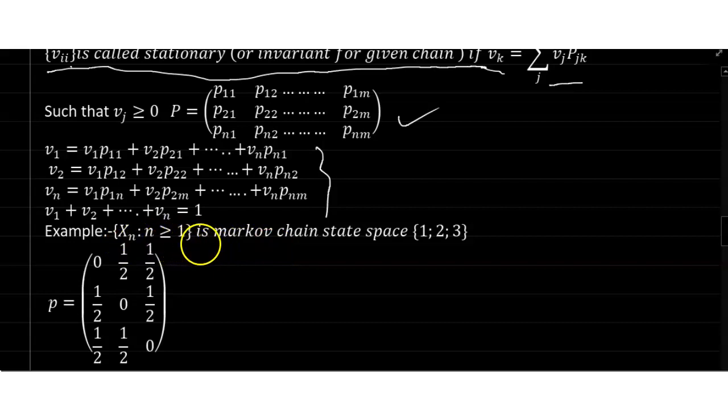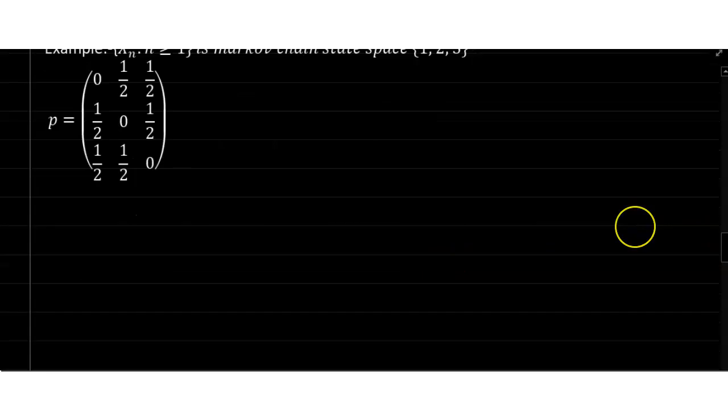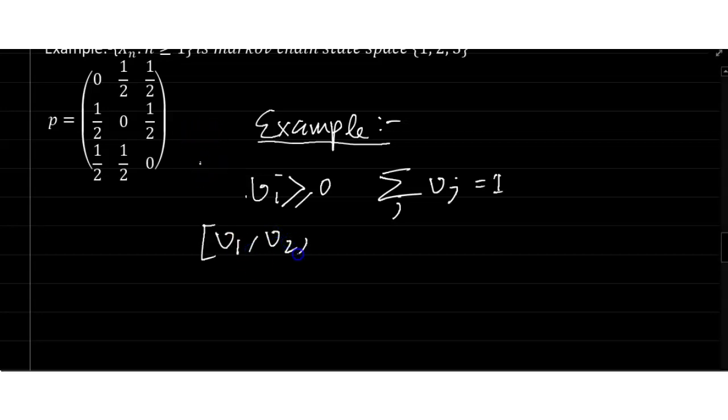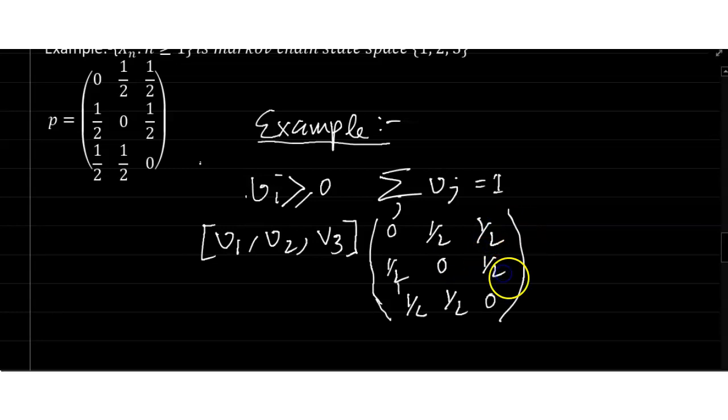So example: X_n, n greater than or equal to 1, is a Markov chain with state space {1, 2, 3}. So friends, how can we solve? v_i greater than or equal to 0 and summation v_j equals 1. Now we multiply (v1, v2, v3) with this matrix with entries half, 0, half, 0.